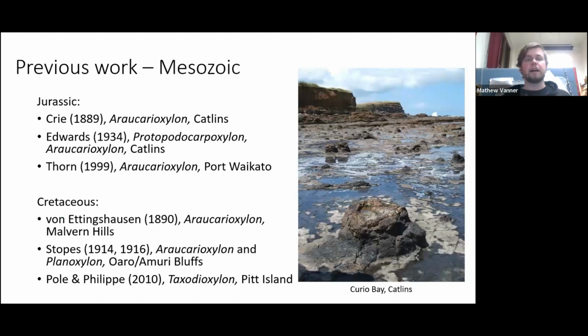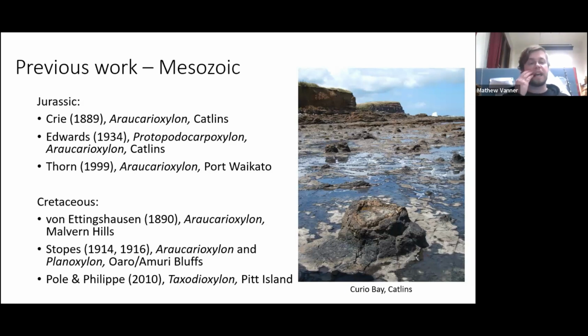So Mesozoic previous work goes all the way back to the late 1800s and early 1900s with people like Creagh and Edwards, who worked on material from the South Island from the Catlins, as well as other people who've worked on material from Port Waikato, Vanessa Thorne, who some of you may know. They identified a number of coniferous genera, including Araucarioxylon and Podocarpaceae.